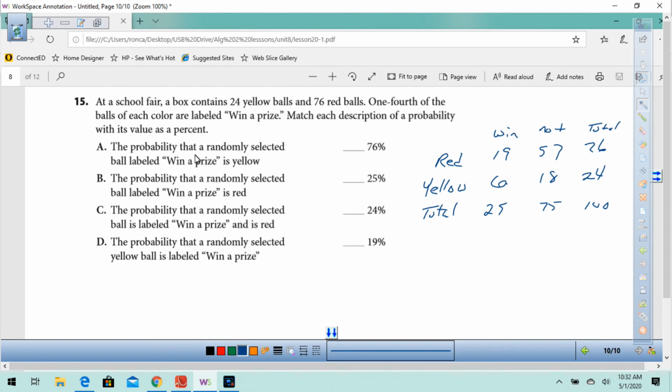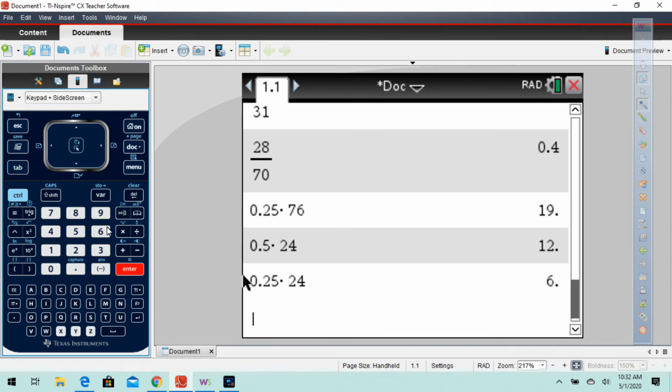So the probability that a randomly selected ball labeled winner prize is yellow. Well, that would be 6 divided by 25.